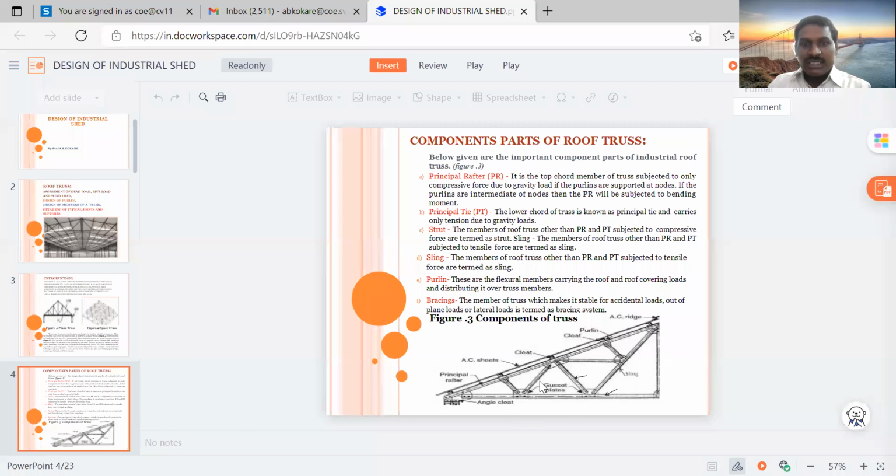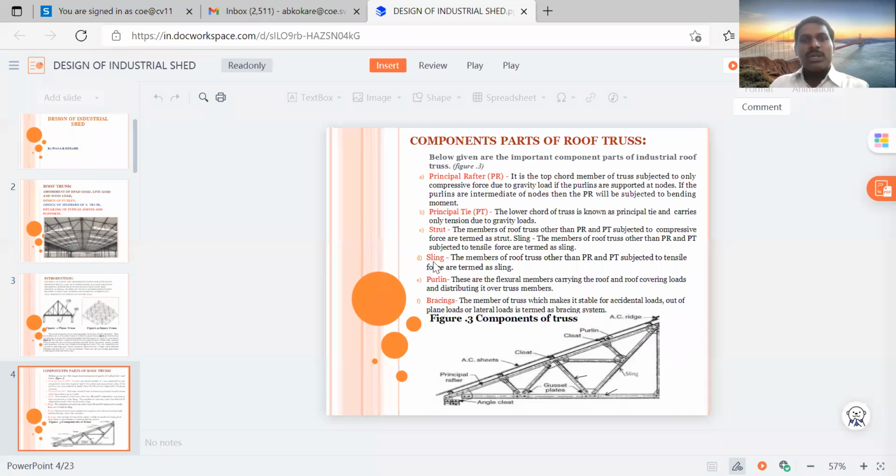If you see here the strut member, there it is not showing the strut member. Just a minute. All the vertical members of a truss we call as the strut member, and that strut member again carries a compressive load. It may be sometimes tensile load also.